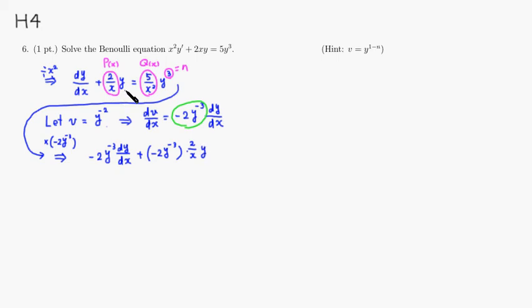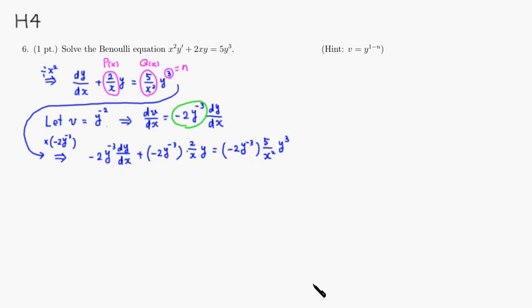This is equal to negative 2y to the negative 3 times 5 over x squared y cubed.